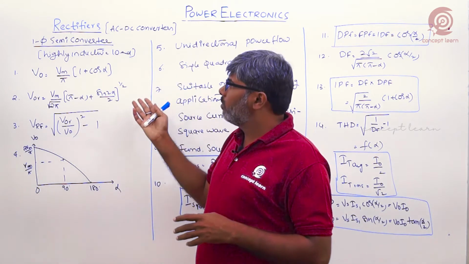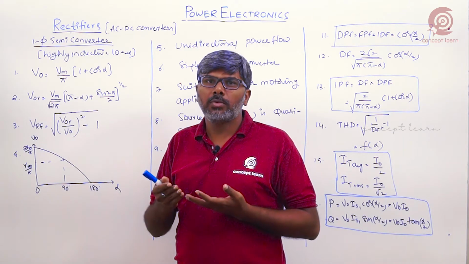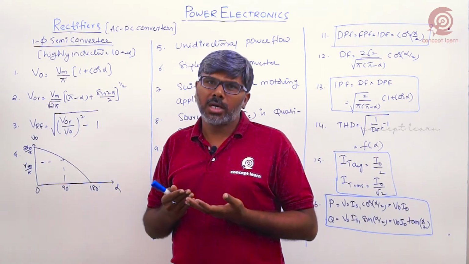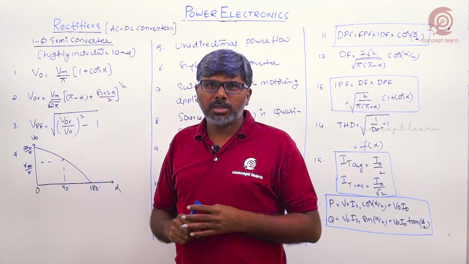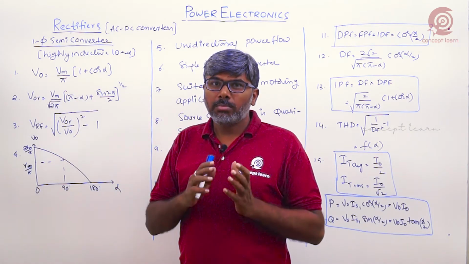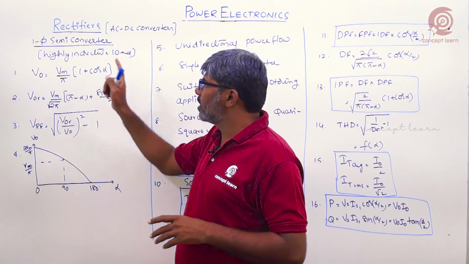In the case of the full converter, V0 exists from alpha to pi plus alpha, so we get 2Vm by pi cos alpha. Whereas in this case, the output voltage waveform exists between alpha and pi only, so we get Vm by pi into 1 plus cos alpha.